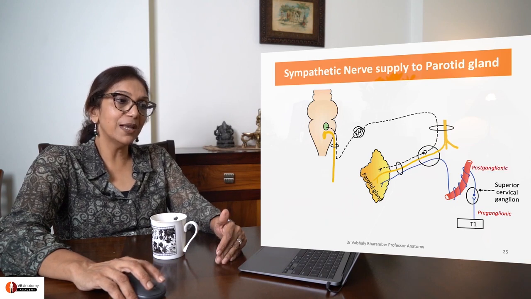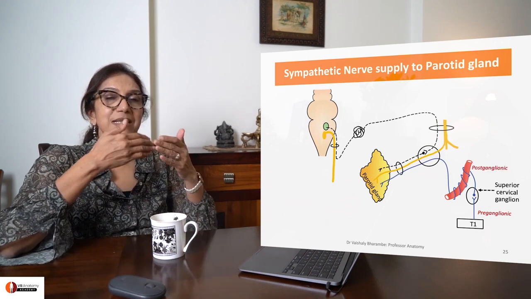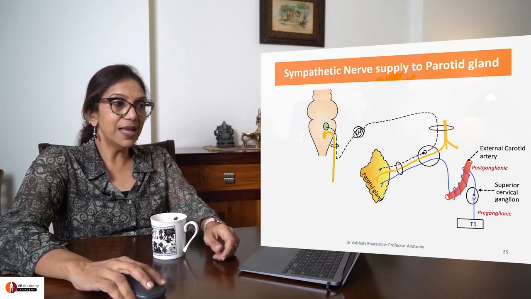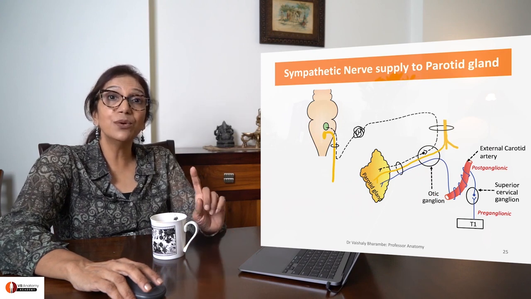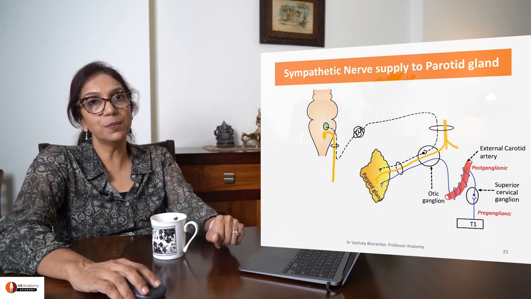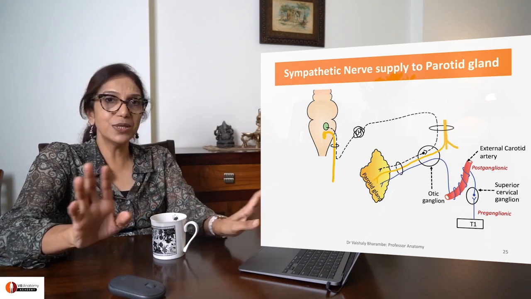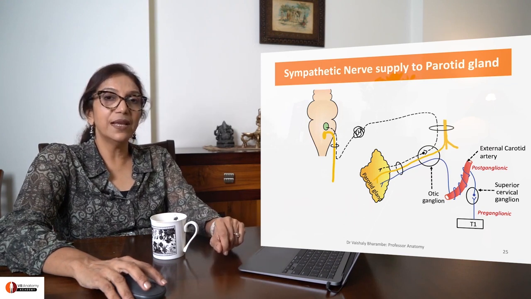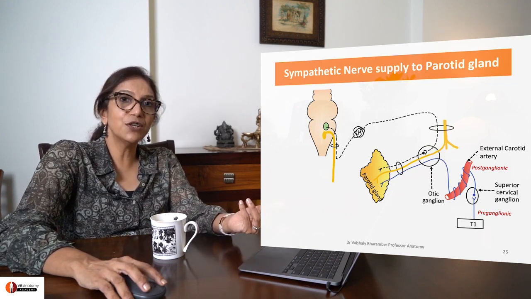From here, postganglionic fibers form a plexus around the external carotid artery and its branches, and these fibers finally pass through the otic ganglion without relay. Why are they not relaying there? Because they've already relayed in the superior cervical ganglion. So they are postganglionic. They don't have to relay again. They pass through the otic ganglion now travel along which nerve?